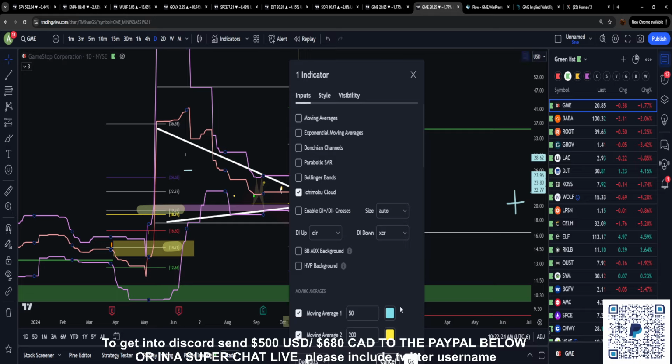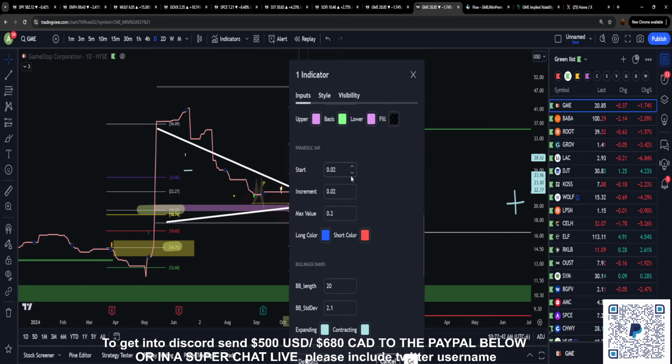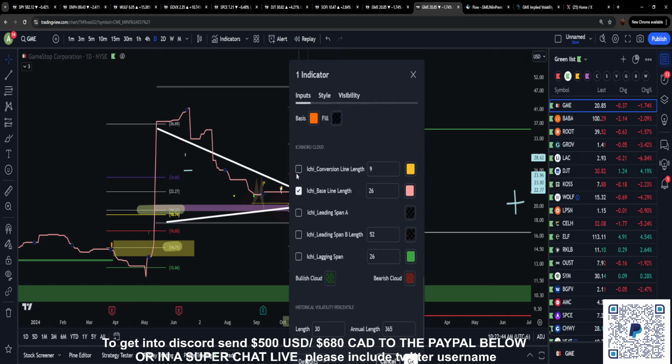Now, going back to the Ichimoku, we talked about how this baseline is basically like our 200 period moving average, in that you can have death crosses and golden crosses through it. Now, what makes up those death and golden crosses? Well, that's your other length right here. This is your conversion line, the Ichimoku conversion line.